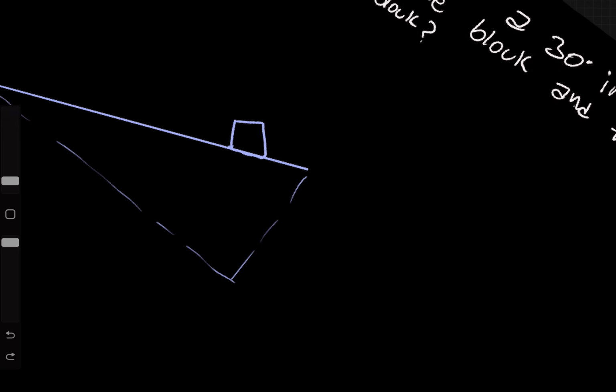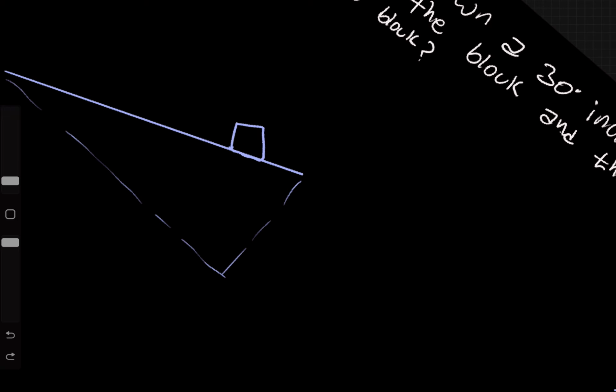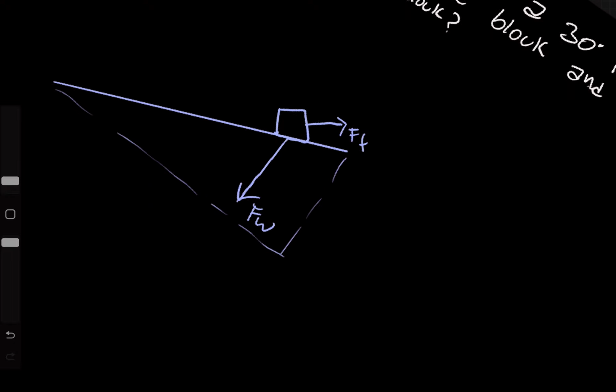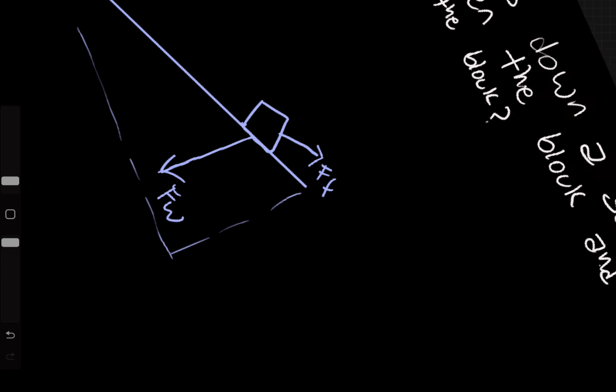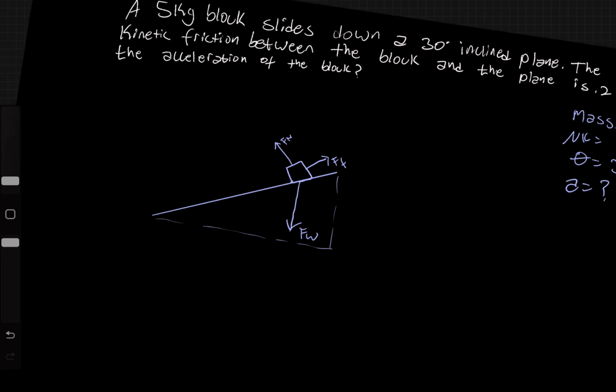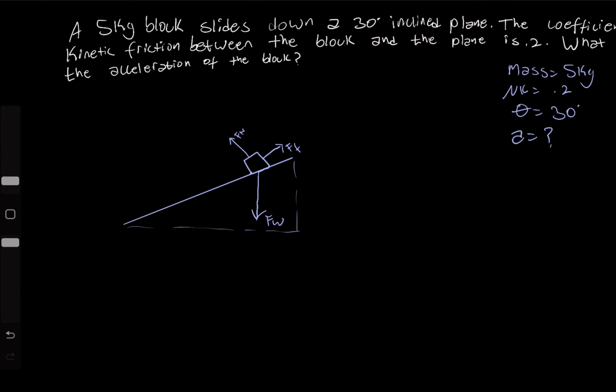The forces acting on this block are the force of friction, the force of gravity, the weight of the block, and then we have the normal force acting up. And I believe that is it.